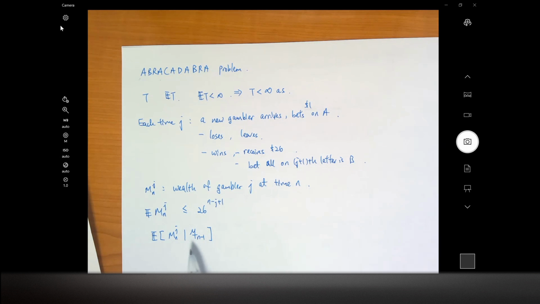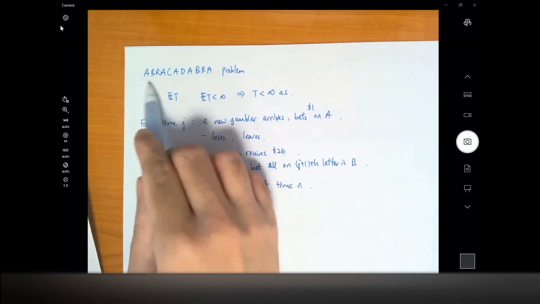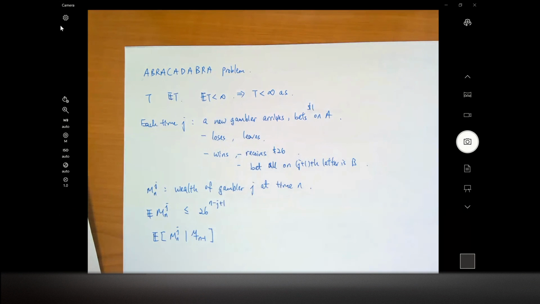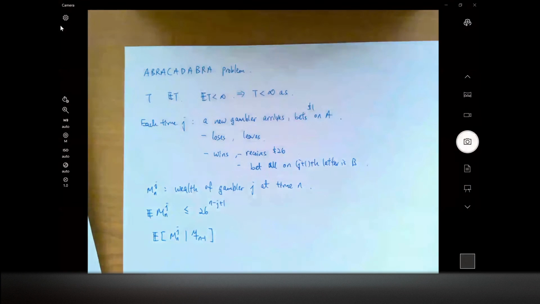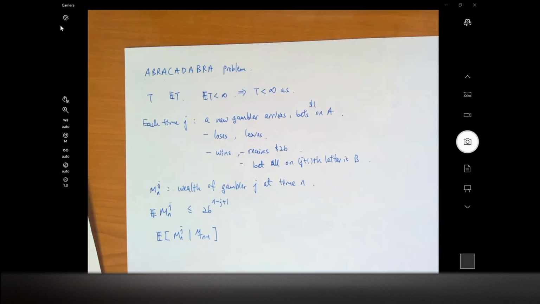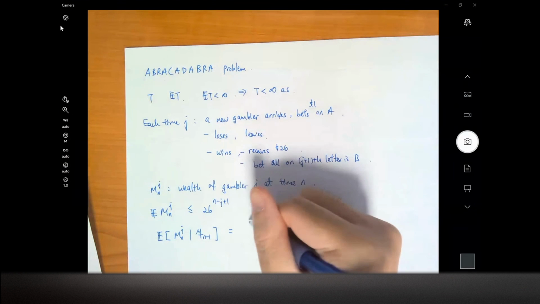So basically, this sigma algebra is generated by the random letters typed by the monkey up to time n minus 1. So we condition on the observations of the letters up to time n minus 1.